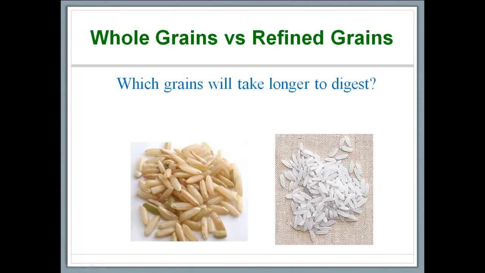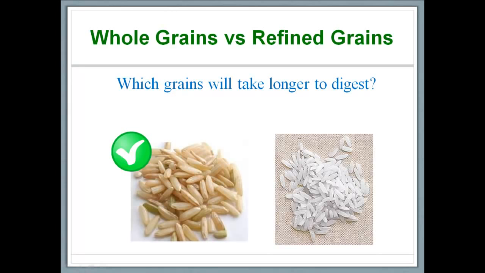If you said whole grains will take longer to digest, then you're absolutely correct. Think about it. Bran and fiber in the whole grain will make it more difficult for the digestive enzymes to break down the whole grain into glucose. In refined grain, however, bran and germ have already been removed, and therefore some of the work of the digestive system is done even before the food goes into our mouths.